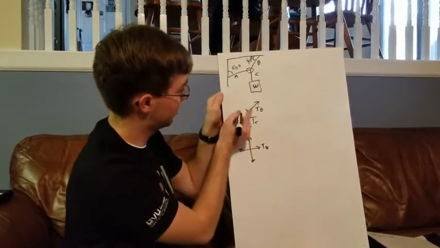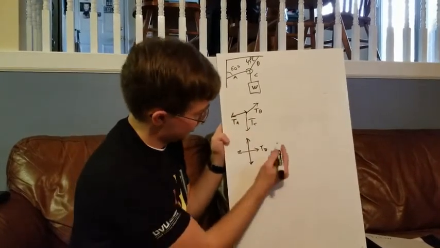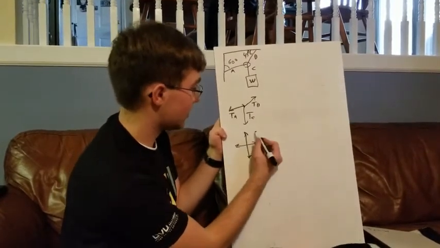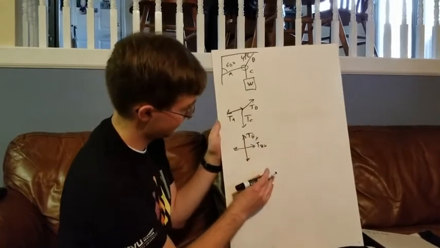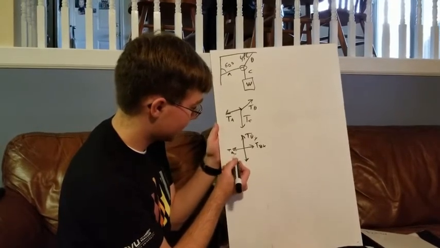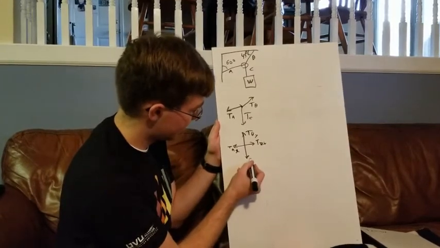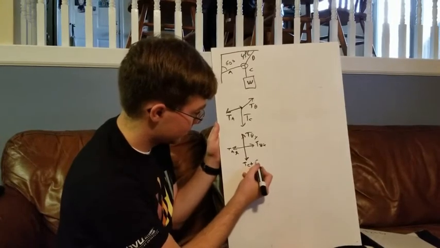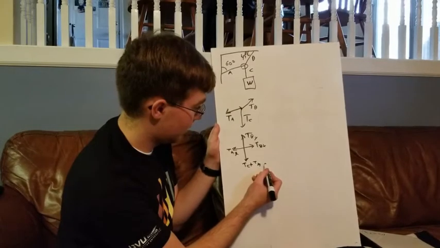Sorry, this is wrong. This needs to go this way. Tension A. Tension B in the x direction is what goes here. Then up here is tension B in the y direction. This is tension A in the x direction. This is tension C plus tension A in the y direction.